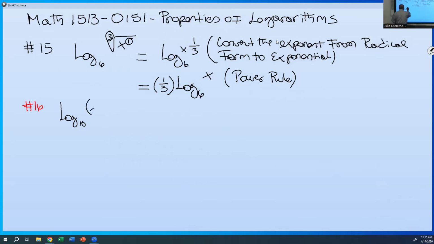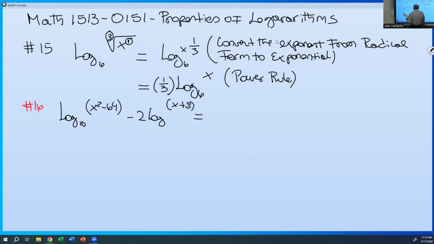And the exponent is a polynomial. You have x squared minus 64, minus 2 log of x plus 8. So my first step is to reverse the power rule.